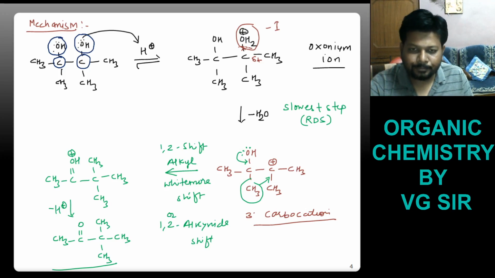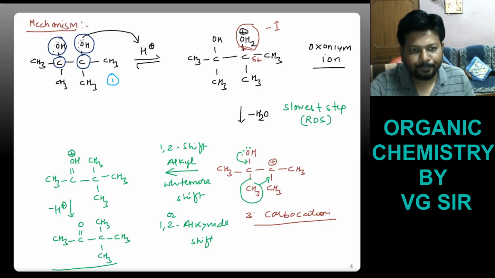If they are the same, then any of the hydroxyl groups can be protonated. Is that clear? What happens when these two groups are not equal, we will study later on.